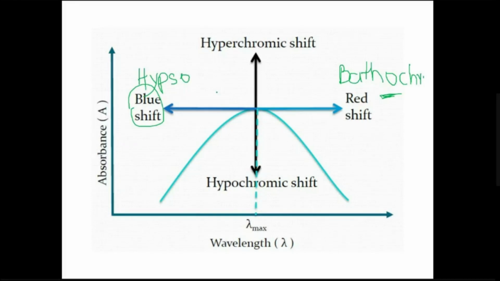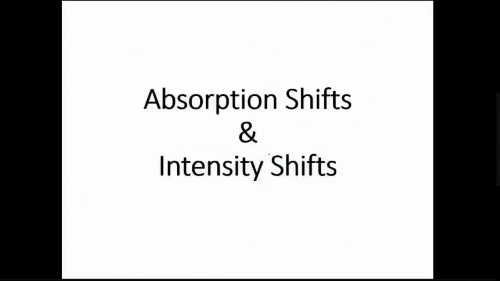Hypsochromic shift is observed when auxochrome is removed or alteration in the structure is made such that lone pair or conjugation is lost. Similarly, hyperchromic shift. Generally, whatever changes you make to bring about bathochromic shift will also bring about hyperchromic shift, and whatever changes you bring in the compound to observe hypsochromic shift will also give you hypochromic shift, where the intensity of the absorption decreases. Okay, very good.